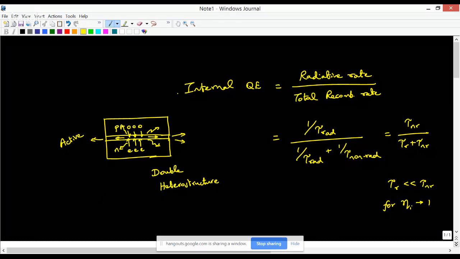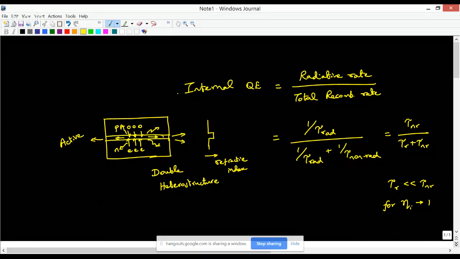But for the photons that are going along this active region, the refractive index structure tends to be something like this. So this is the refractive index profile of this double heterostructure. The refractive index is greater in the active region compared to the surrounding region. So the photons are confined within that active region.